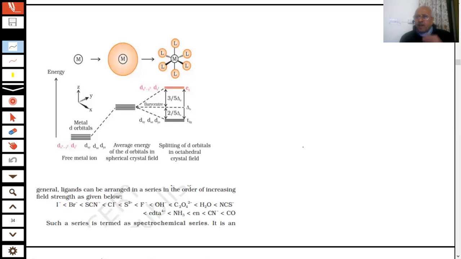And there were limitations of the valence bond theory. Yes, sir. A lot of assumptions, you can see, and it also gives no idea about the color and nothing about the strong or weak ligands. And in order to go one step further, what we came forward with is crystal field theory.